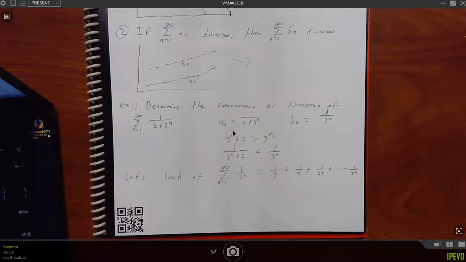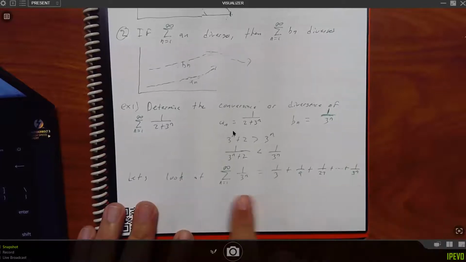It looks like it, but no. It's the geometric. You see how this is a geometric type, right?